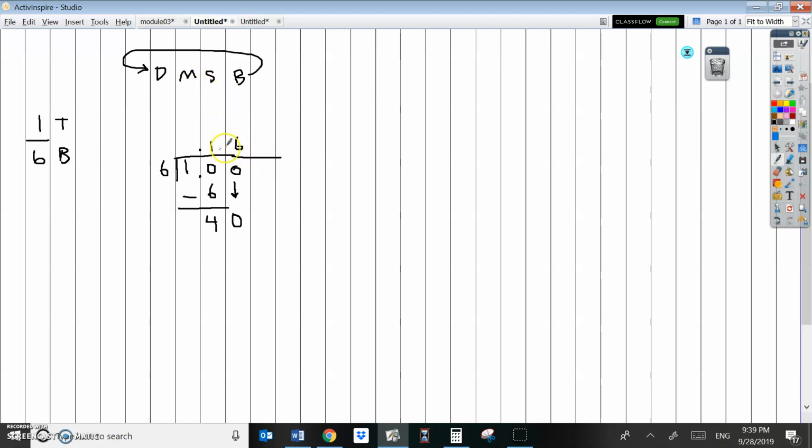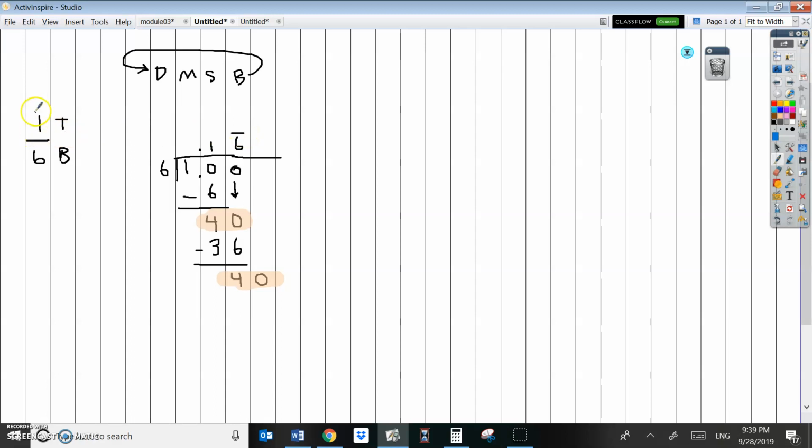Now multiply. 6 times 6 is 36. Subtract. 4. Bring down 0. What do you see? I think a 40 here and a 40 here. So that tells you that 6 is going to repeat.